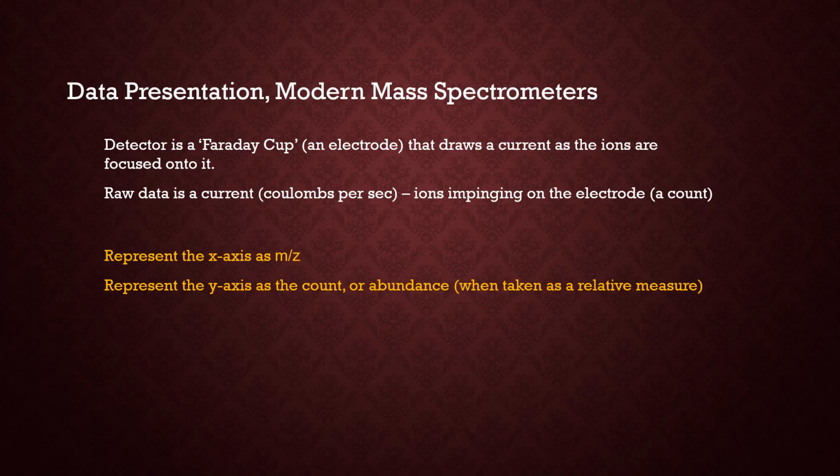The mass spectrum can thereby be presented as the mass to charge ratio on the x-axis and an abundance value on the y-axis, the same type of idea as an absorption or emission spectrum in optical spectroscopy.